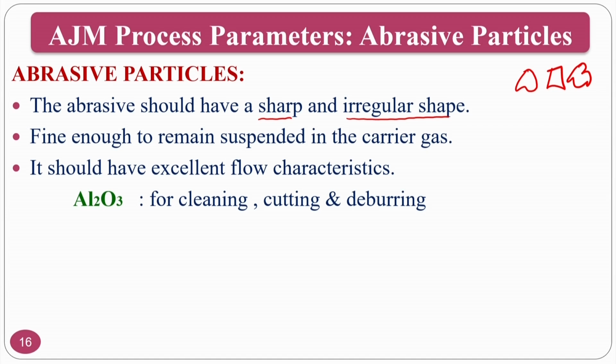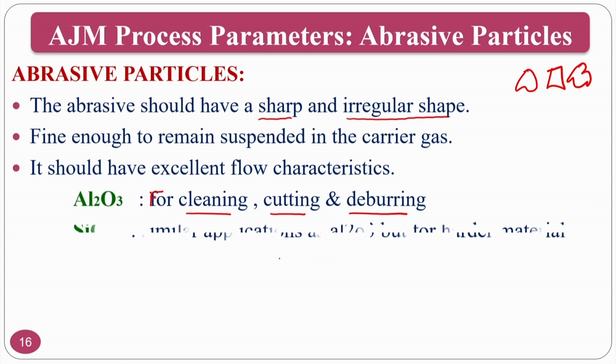Al2O3 is normally used for cleaning, cutting, and deburring purposes. Silicon carbide is normally used for similar applications as Al2O3.